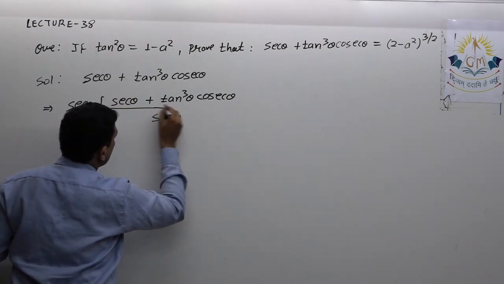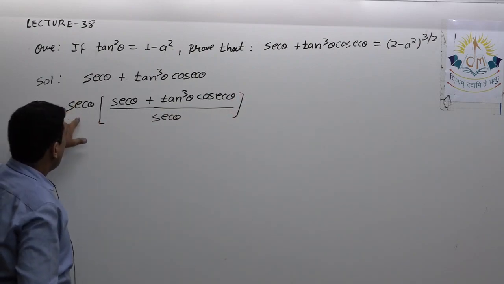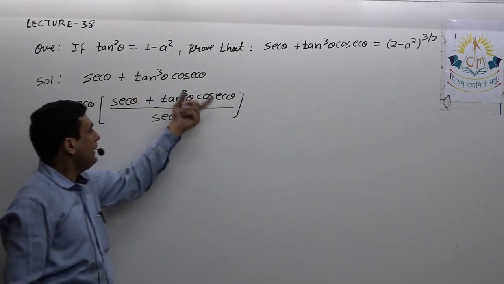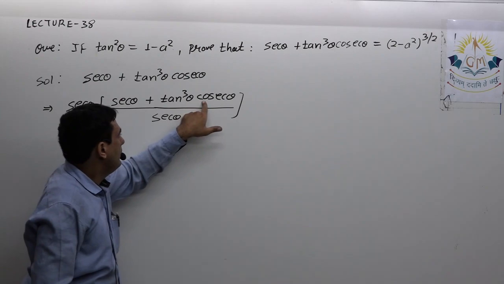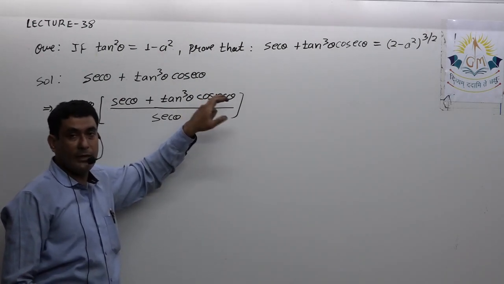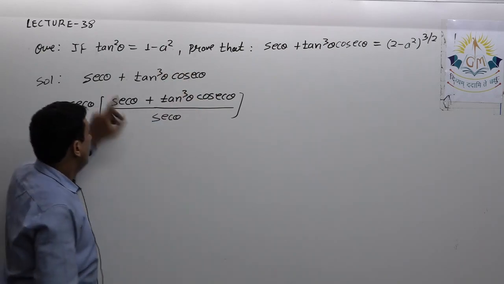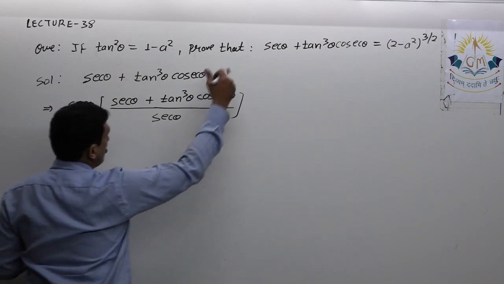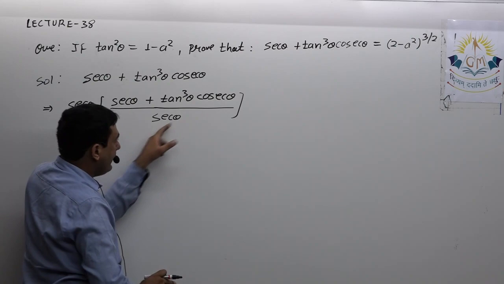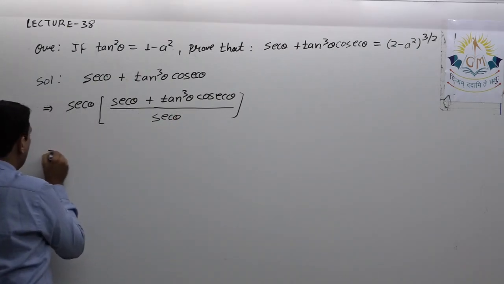See why I did so: by doing so, there is a direct relation between sec and tan. Here tan is directly given. The only little bit complicated ratio might be cosec theta, because cosec first I have to write in terms of cot and then cot in terms of tan. So here if I divide these two, I will get the cot theta directly. So that's why I did so.